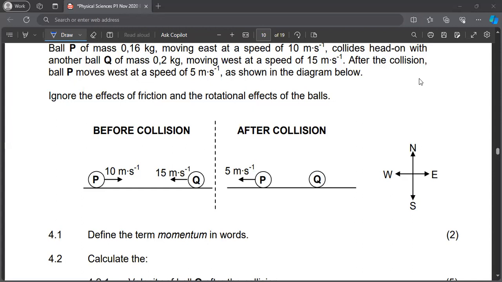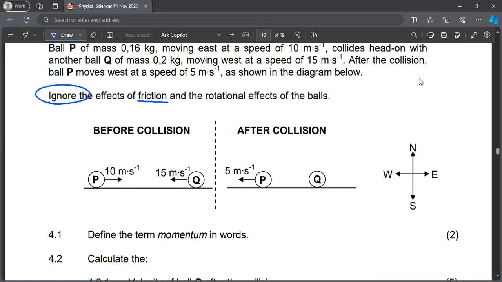After the collision, ball P moves to the west at a speed of 5 meters per second, as shown in this nice diagram below. Ignore the effects of friction and the rotational effects of the balls.